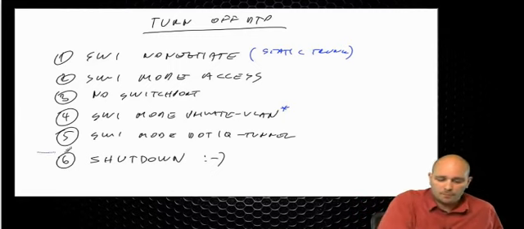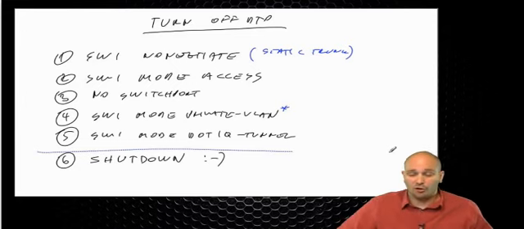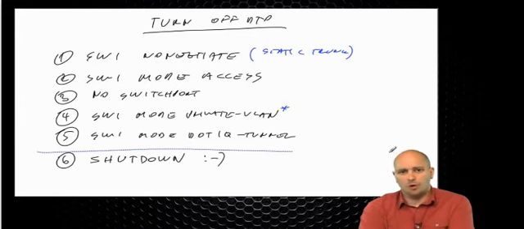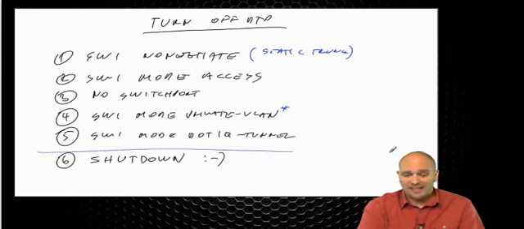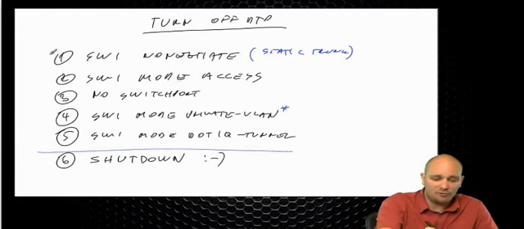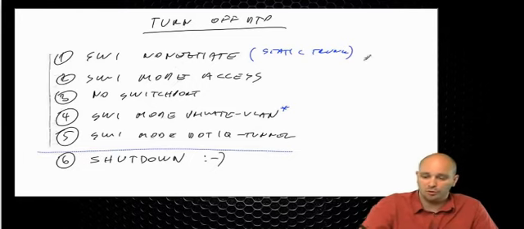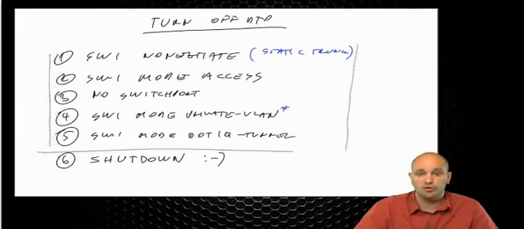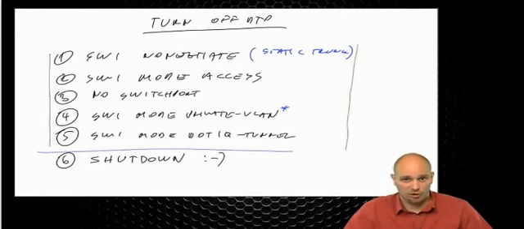But still, we have 5 ways of turning off DTP, and it's very important to know when to use one of those. But the most important thing to take out of this is that none of these here are switchport mode trunk. Switchport mode trunk does not turn off DTP, as we can see on the example here.